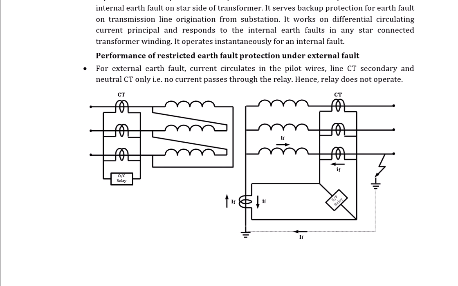We want the relay to operate only when the fault is inside the transformer, not outside, because for outside faults we already put many relays to protect the system from faults in other equipment. We have to focus only on internal faults.